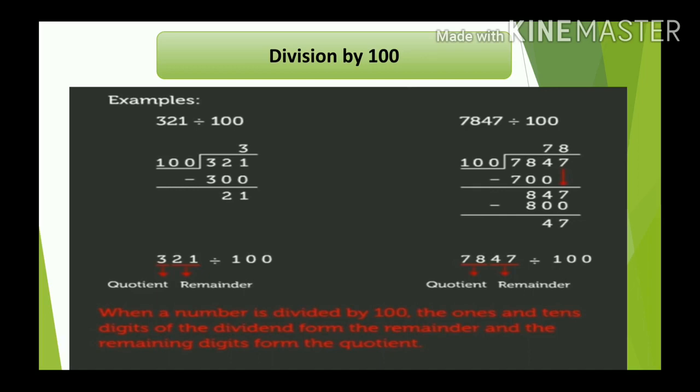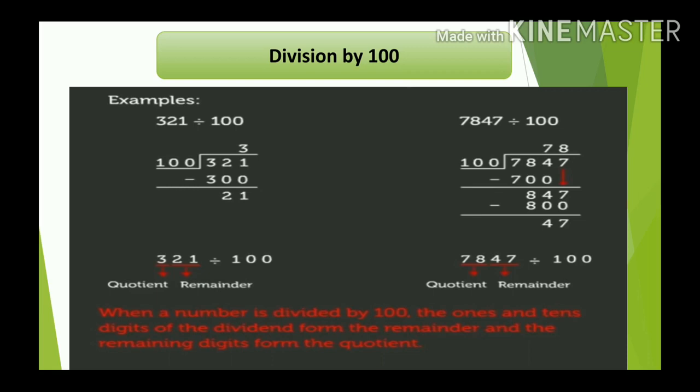So the conclusion is, when you divide any number by 100, you can see in 100 there are two zeros, so we take the last two digits as the remainder and the remaining numbers as the quotient. In the first one, 321 divided by 100, the last two digits, 21, become the remainder and 3 becomes the quotient.